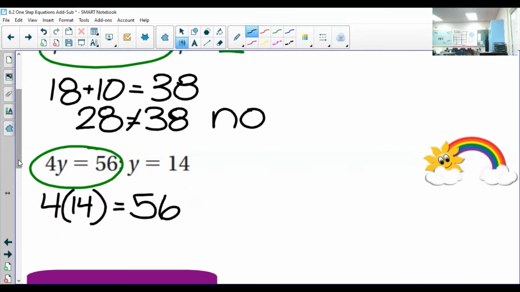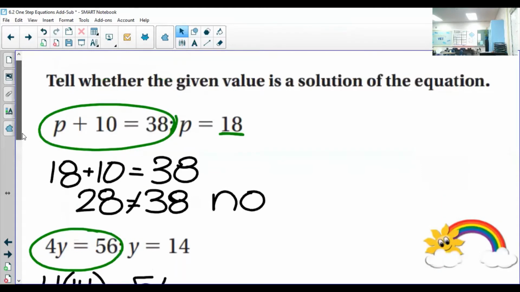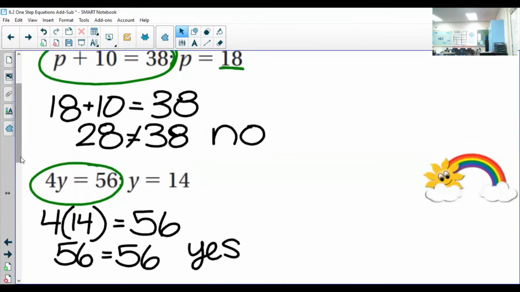Okay, now you can multiply off to the side, or if you know what it is, 4 times 14 is 56. So 56 does equal 56. So in this equation, yes, it is a solution. So these are how you're going to solve this type of problem. You put the number in and see yes or no, is it a solution?